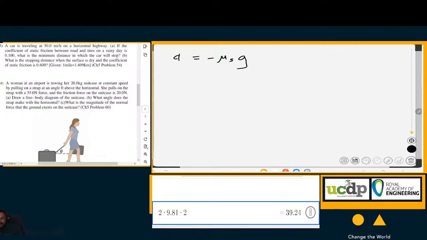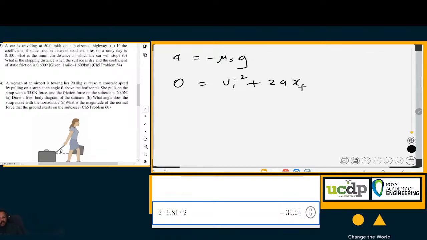That is the acceleration. You can prove that. Now remember we had a formula. It said 0 is equal to v initial squared plus, this is what the formula said, 2axf.